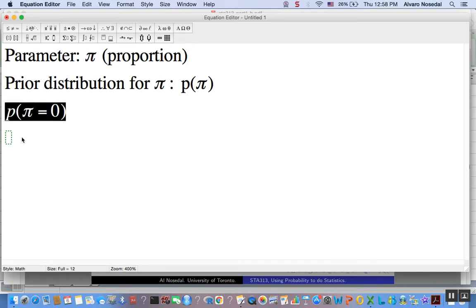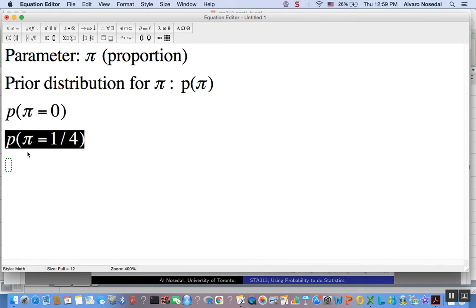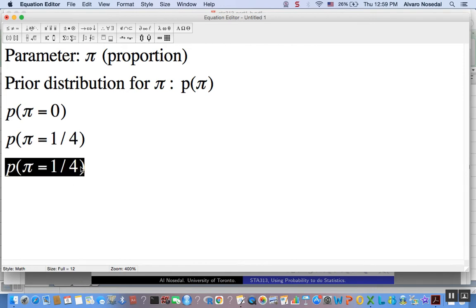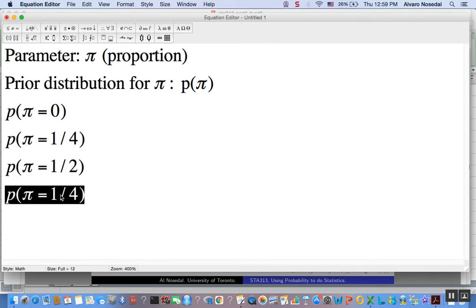That proportion could be 0, that proportion could be 1/4 or 25%, that proportion could be 1/2 or 50%, then 75% or 3/4, and finally that proportion could be 1.